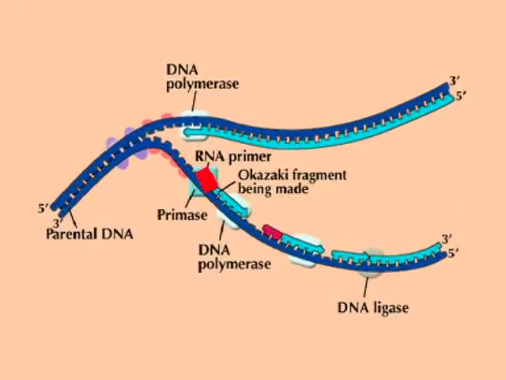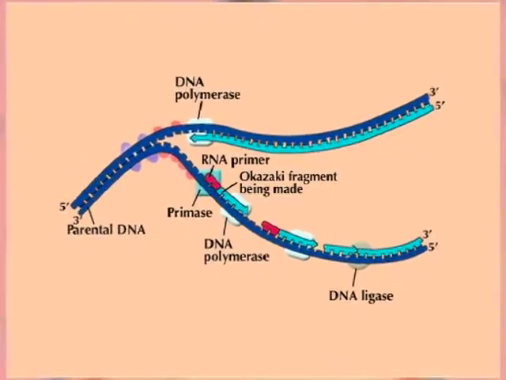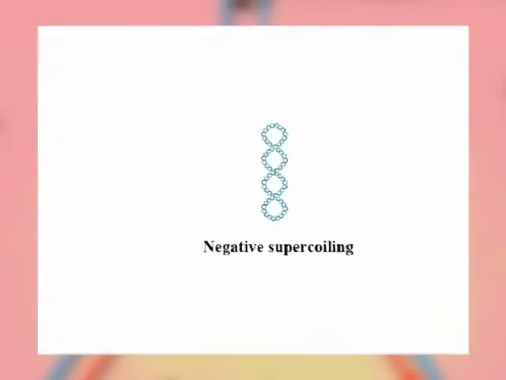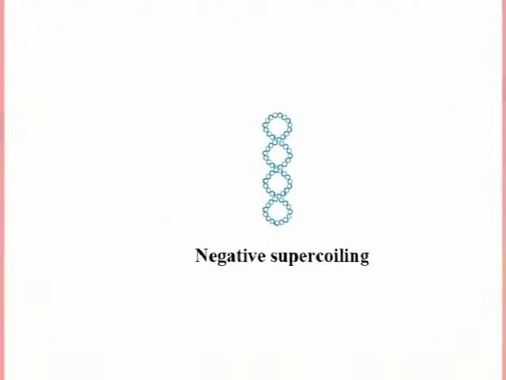The RNA primers are replaced with DNA by DNA polymerase I, and the single-stranded breaks left by the polymerase are sealed by DNA ligase. The DNA is then condensed into the nucleoid or folded genome of E. coli, in part through negative supercoiling, introduced by DNA gyrase.